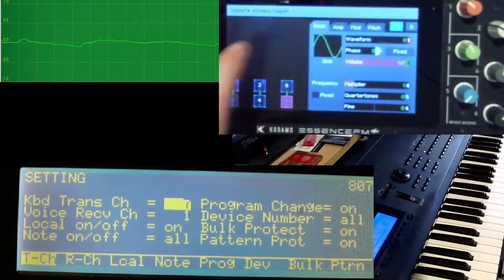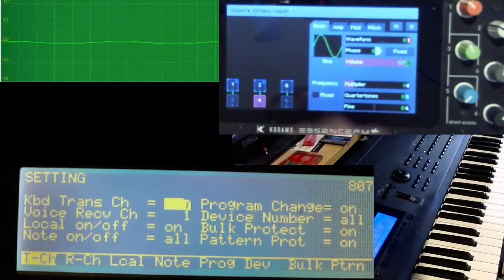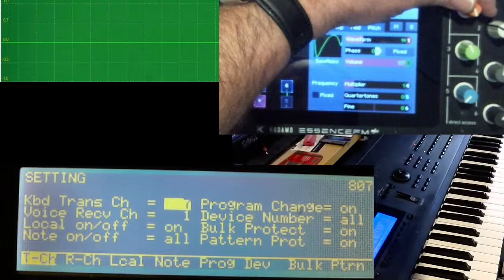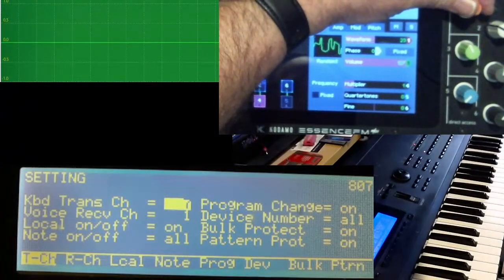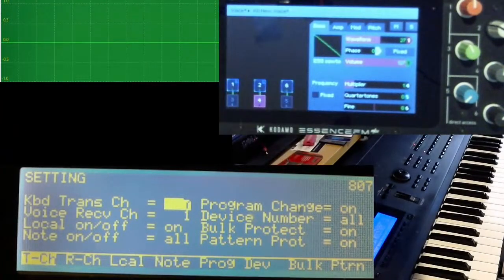All right. So what I'm going to do here, we're going to start on operator 4. And I'm going to dial up basically a sawtooth wave. So that's a sawtooth wave I have on op4. I don't have any modulation index. That's just a straightforward complex wave. Now in operator 5, I'm going to put the inverted version of that.